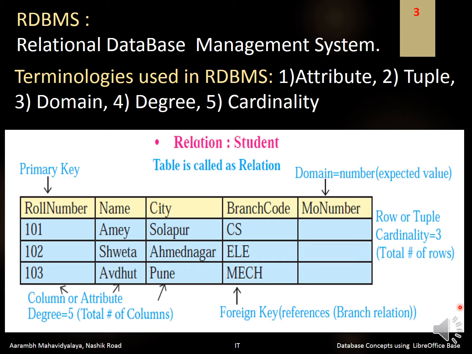In RDBMS, the most commonly used data model is the relational data model. That means whenever we say RDBMS, by default we are using the Relational Data Model. The DBMS following the Relational Data Model is called a Relational Database Management System. It is specifically designed for relational databases.